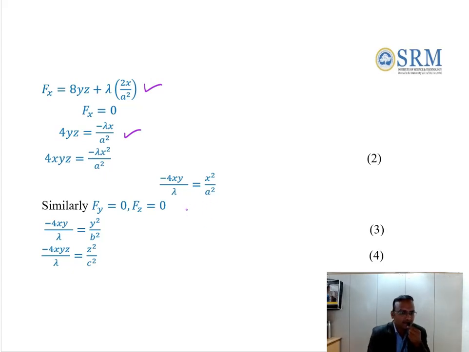Similarly, you can write x square by a square equals minus 4xyz divided by lambda, and then similarly Fy equal to 0 and Fz equal to 0 give minus 4xyz divided by lambda, which is equal to y square by b square. Similarly, minus 4xyz divided by lambda equals z square by c square.